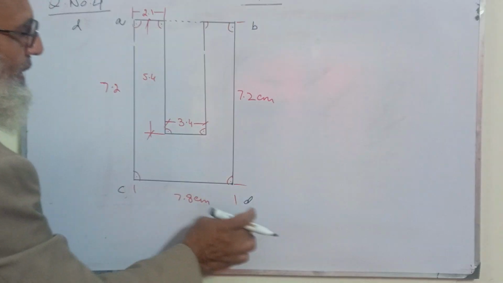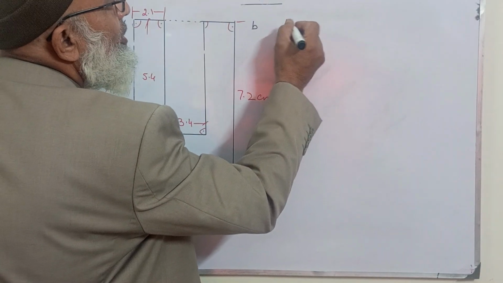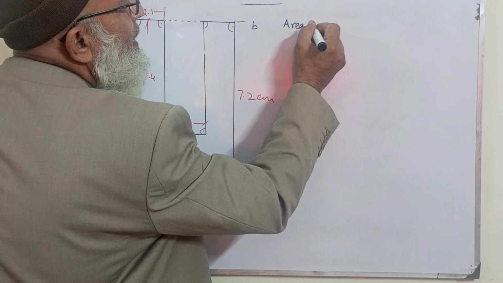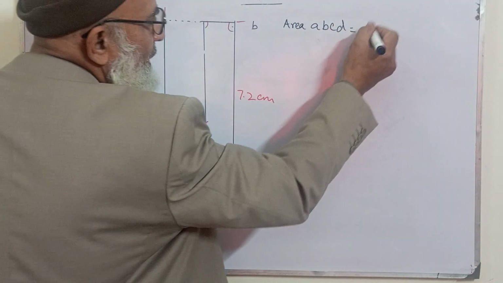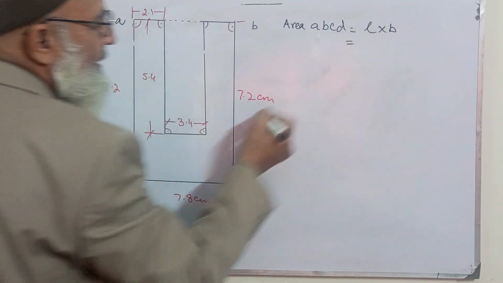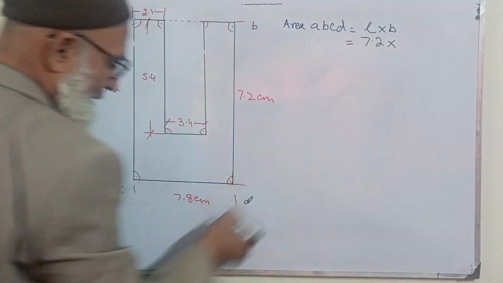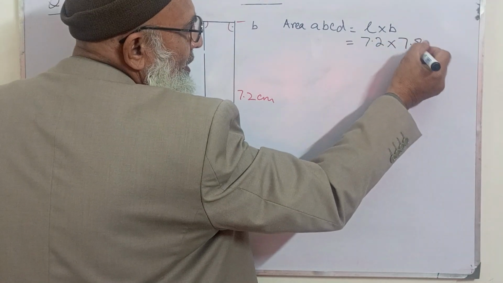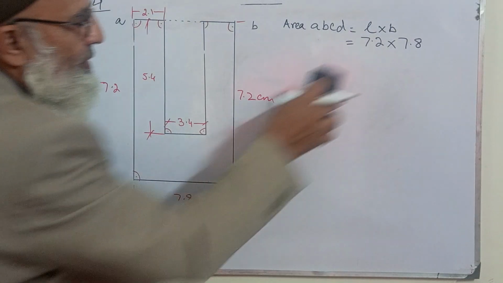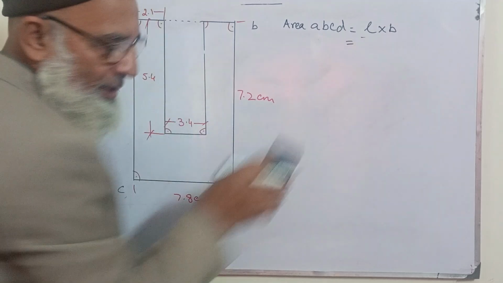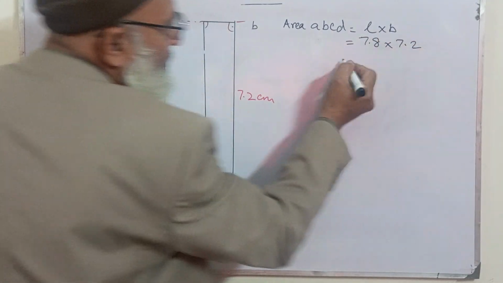A, B, C, D is the rectangle, and area of A, B, C, D is equal to length into breadth, of course. Let me write it in correct order: 7.8 multiplied by 7.2.